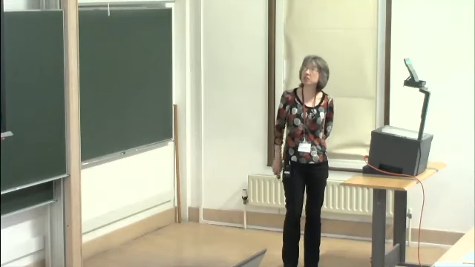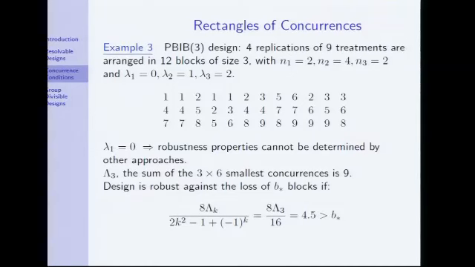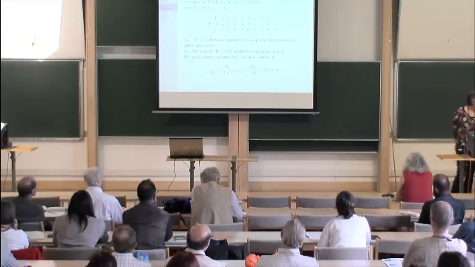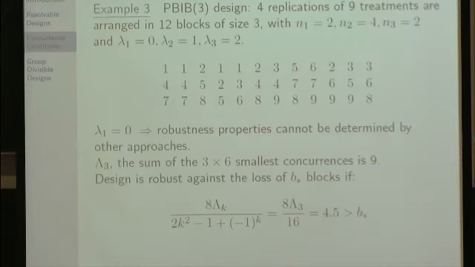But with the new condition, we can work out lambda 3, which will be the sum of 3 times 9 minus 3, the 18 smallest concurrences, and that works out to be 9. Plug that into the condition here and our block size, we get 4.5. So if 4.5 is bigger than the number of blocks that we lose, then we know the design is going to be connected.